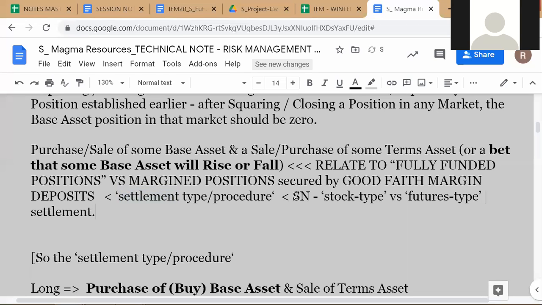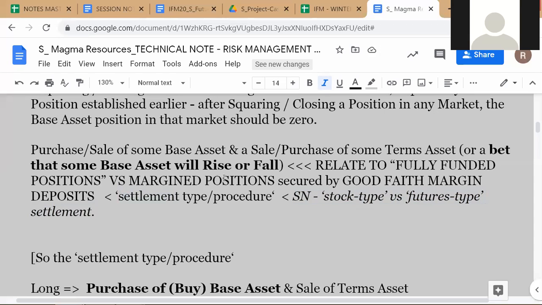What Sheldon is implying when he's talking about stock type versus futures type settlement is basically this. He's saying stock type settlement is a fully funded position, whereas futures type settlement is a daily settlement of the profit or loss.